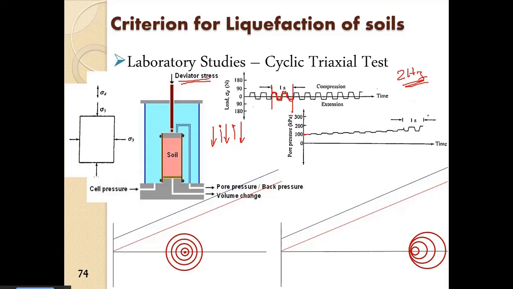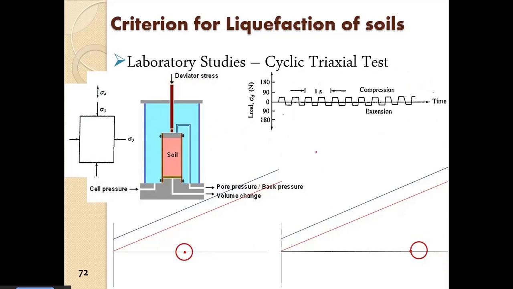What happened? With consecutive cycles, pore pressure got developed. Now what will happen if the pore pressure develops? Definitely with each cycle, this Mohr circle will grow and shrink, again shrink, and then again it will go to the other side, again shrink. All right, but now there is development of excess pore water pressure, apart from what was developing in the previous case. So here sigma d by 2 amount of pore pressure was developed.